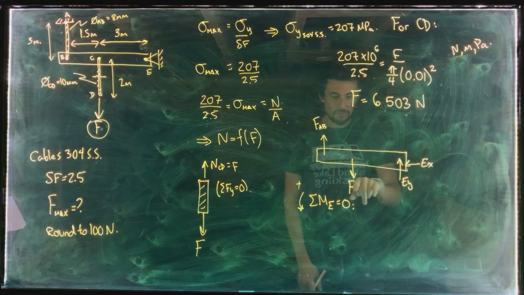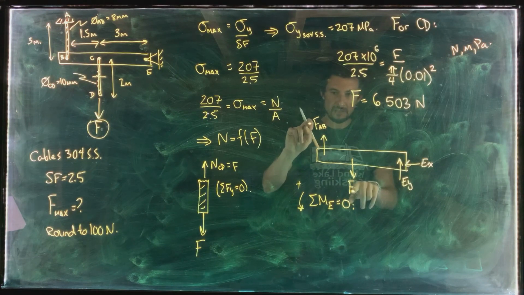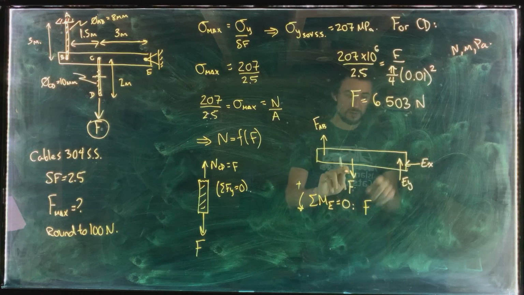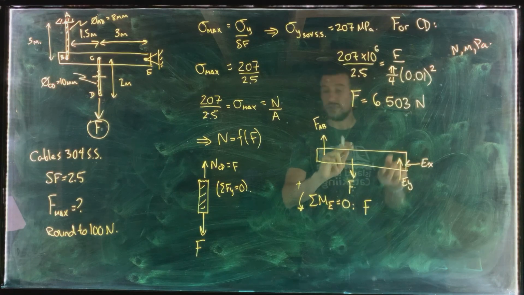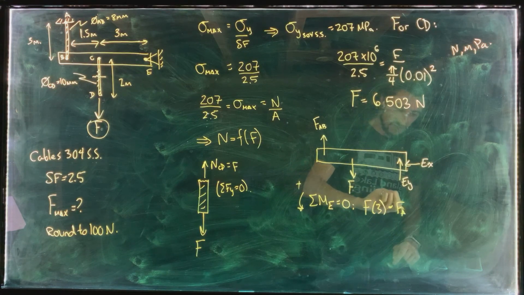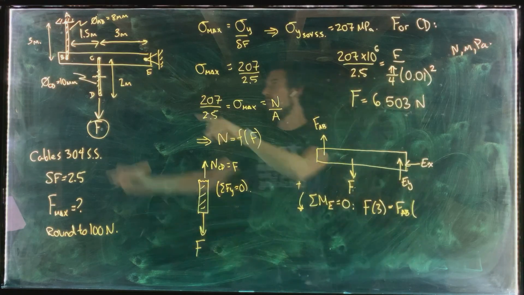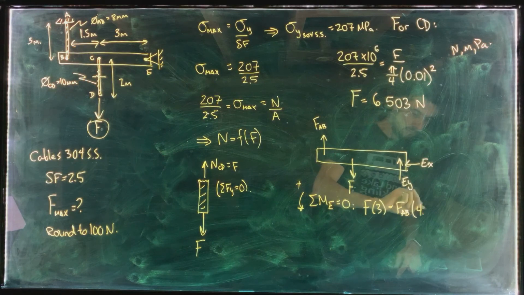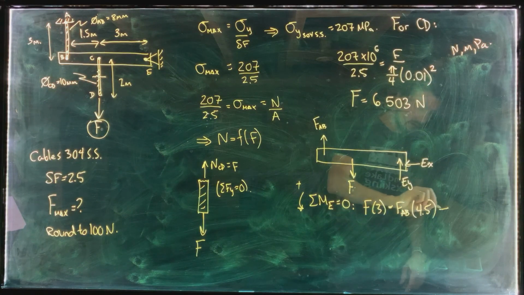So doing this, the moment created by force F has to be balanced by the moment created by FAB. So F multiplied by its moment arm, which is 3 meters, has to be equal to FAB multiplied by its moment arm, which is 4.5 meters. Okay.